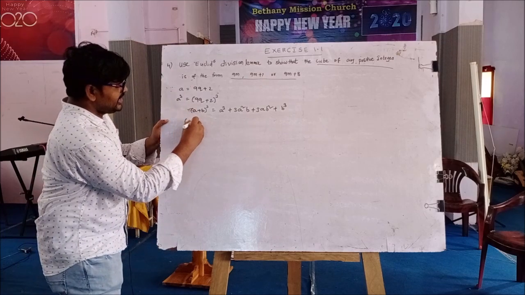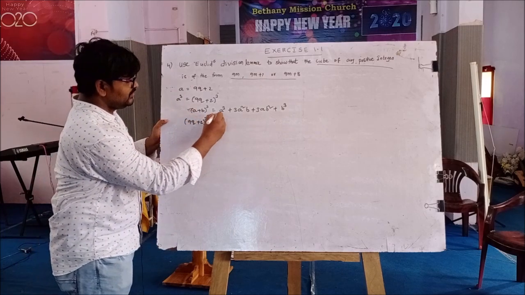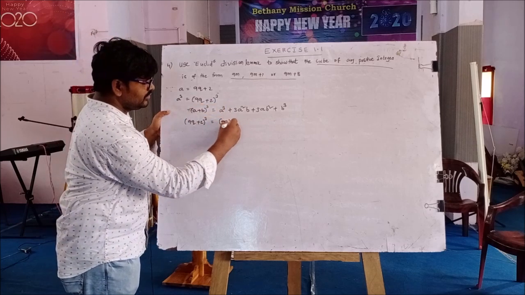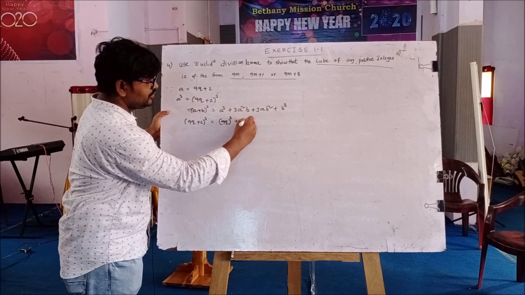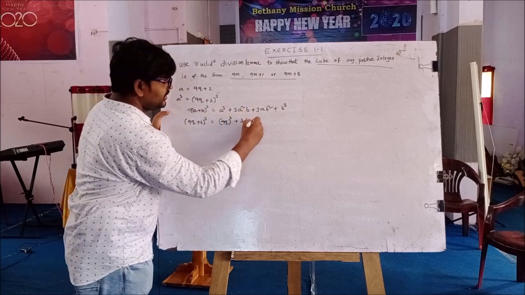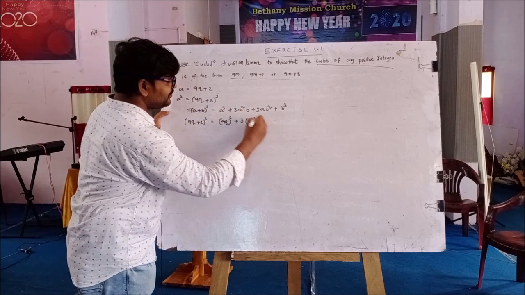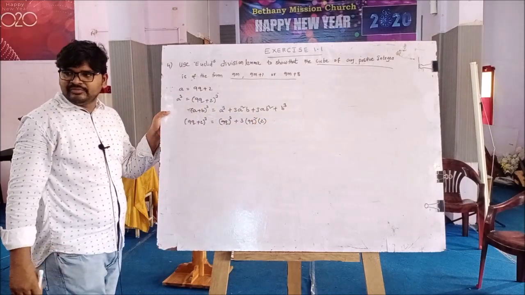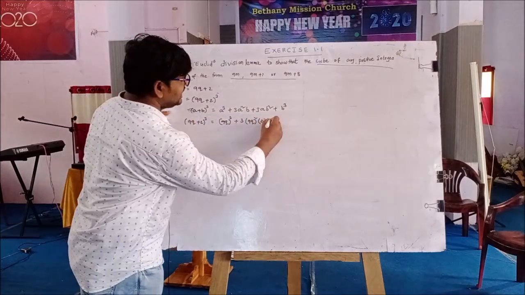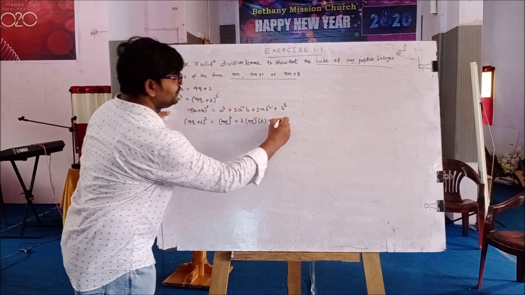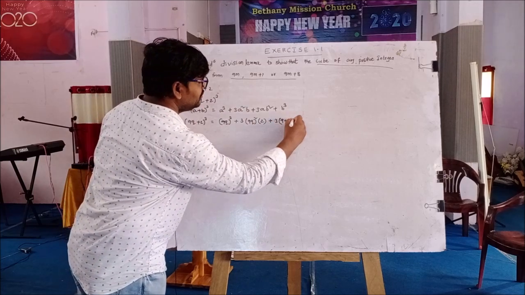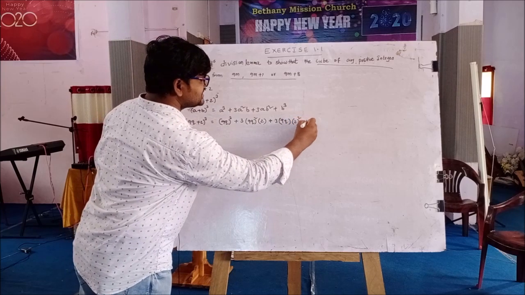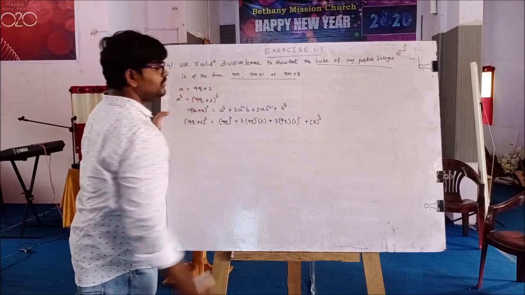So (9q plus 2) whole cube equals a cube, the value of a, (9q) whole cube, plus 3 into a square, a value (9q) whole square, into b, the value of b equals 2, plus 3 into a value 9q into b square, value 2 square, plus b cube, 2 cube.